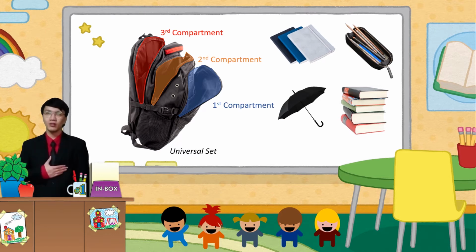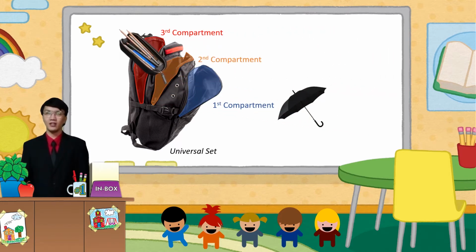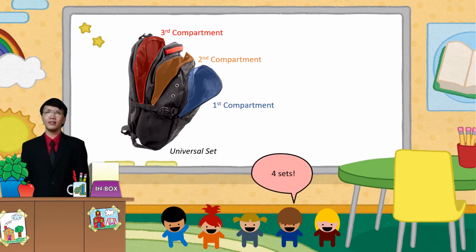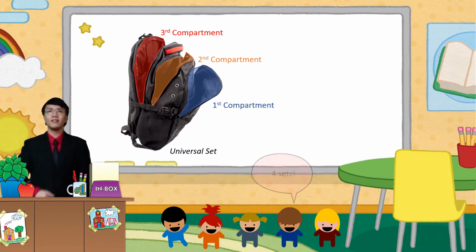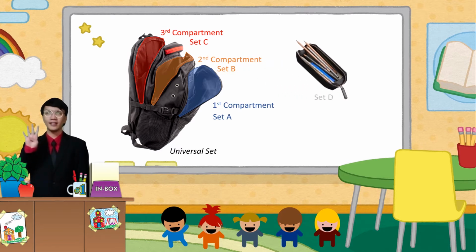If I put the notebooks inside the first backpack compartment, books on the second, a pencil case and an umbrella in the third compartment, how many sets do we have? Yes, James, you're right. Since we have 3 bag compartments and a pencil case, then the answer will be 4 sets. Now, how can we state the sets as well defined?